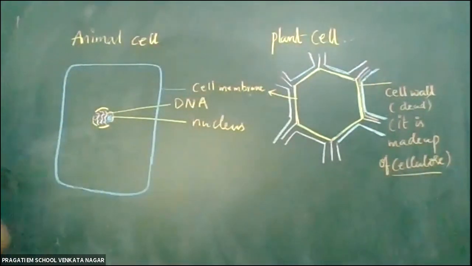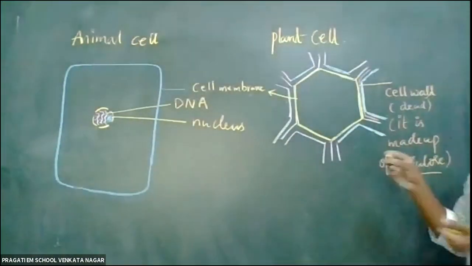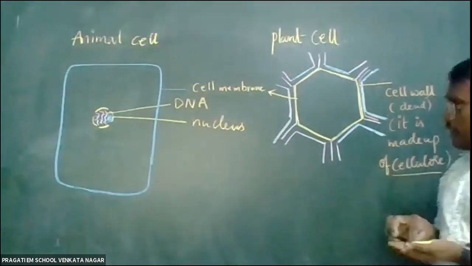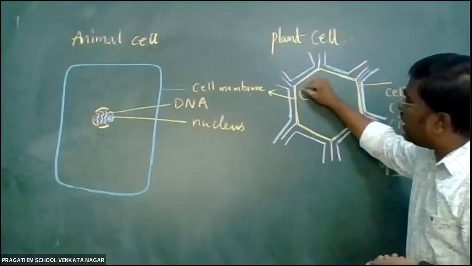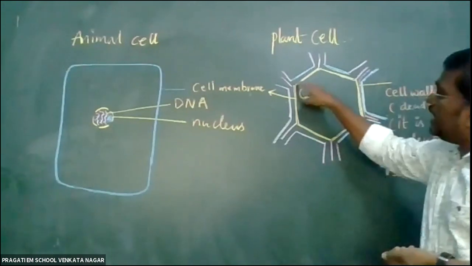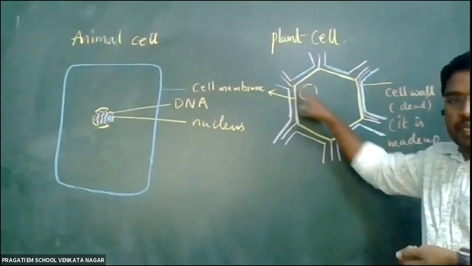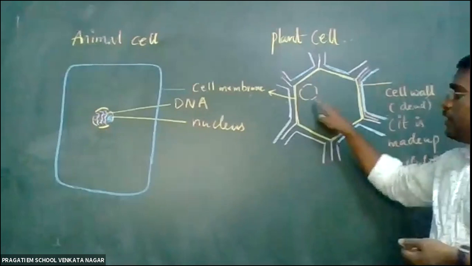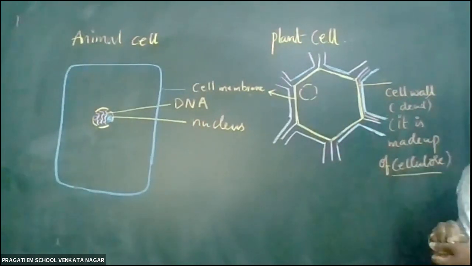What about plants? What about this plant cell? Let us see, in the plant cell, the nucleus is present in the periphery of the cell, nearer to the membranes. This is one of the remarkable characters of plant cells.